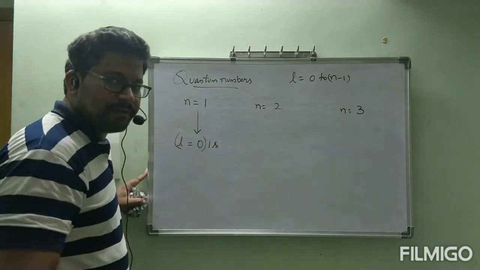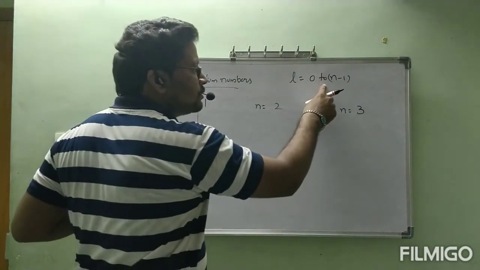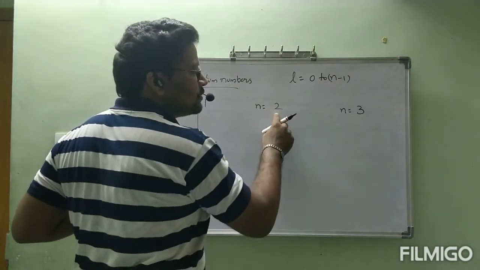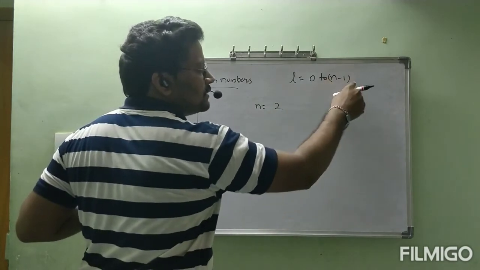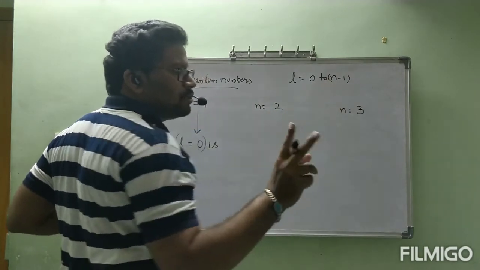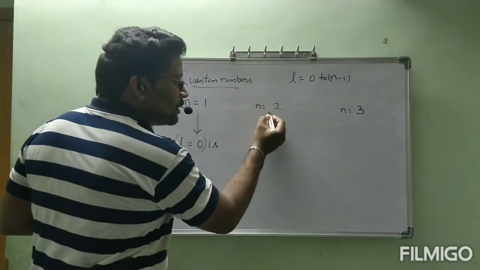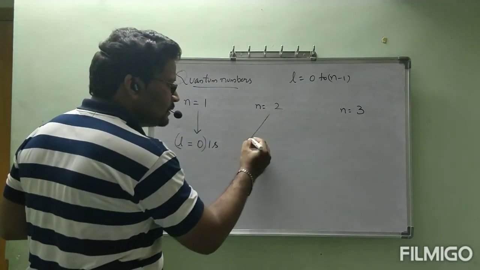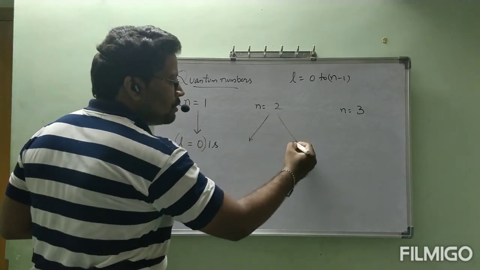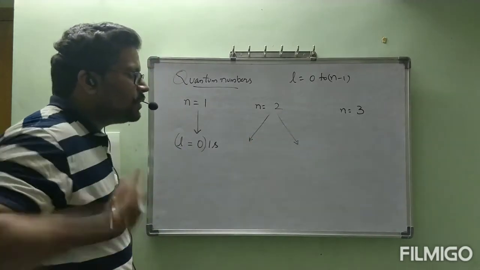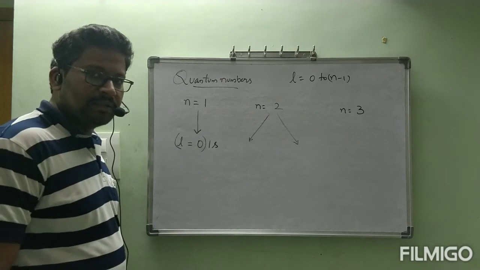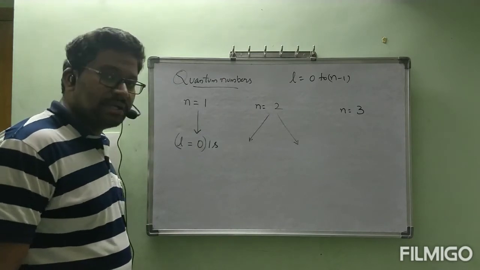Those are 0, 1. So N is equal to 2 has two subshells.